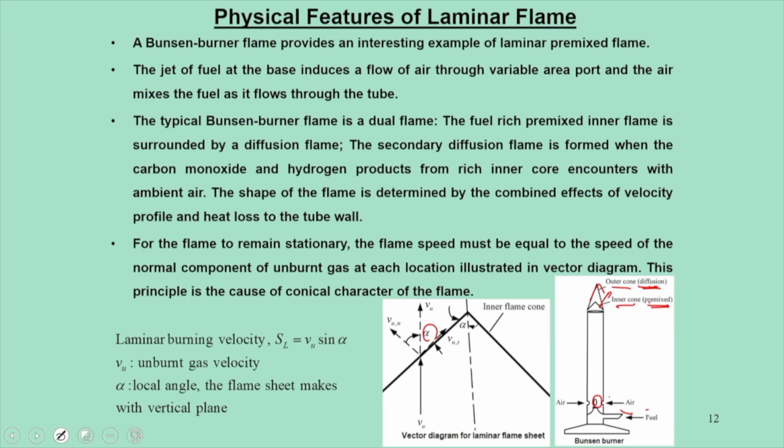This can be decomposed along the axis of the cone and perpendicular to it. So for the flame to remain stationary, the flame speed must be equal to the normal component of the velocity. This condition has to be satisfied.